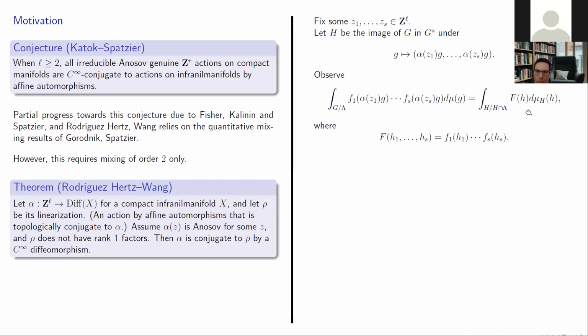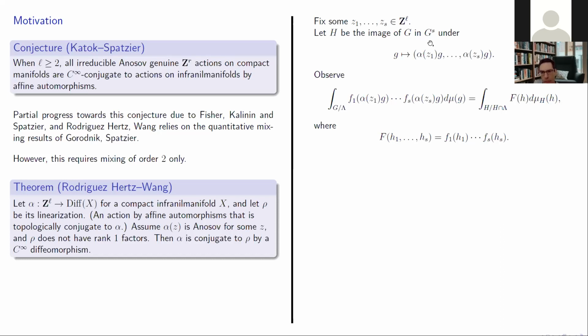But we are not integrating against the Haar measure on GS, but we are integrating against the Haar measure on H. So there is really no content in this observation. It is really a tautology. So basically, what we need to understand is this twisted copy of G inside GS.